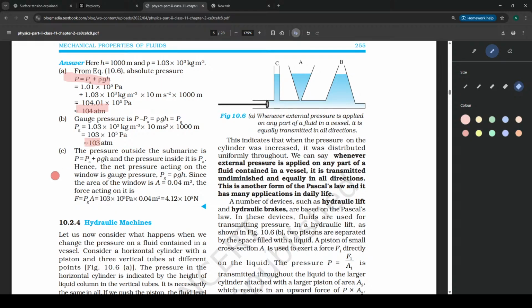The pressure outside the submarine is equal to PA plus rho gh, and the pressure inside is the atmospheric pressure, and the net pressure acting on the window is the gauge pressure, Pg, which is equal to rho gh.